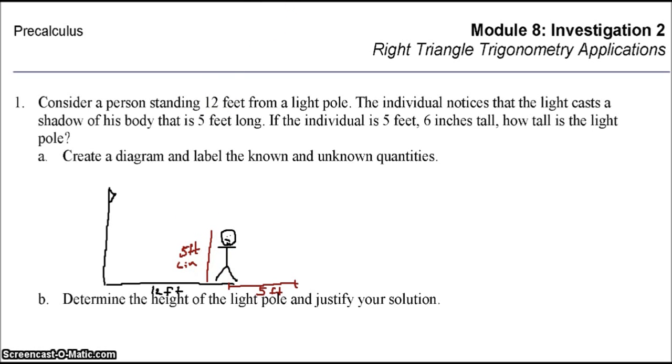So it looks like the light comes down and it's shining this direction, but it makes the shadow, and really that shadow needs to be about this long, 5 feet.